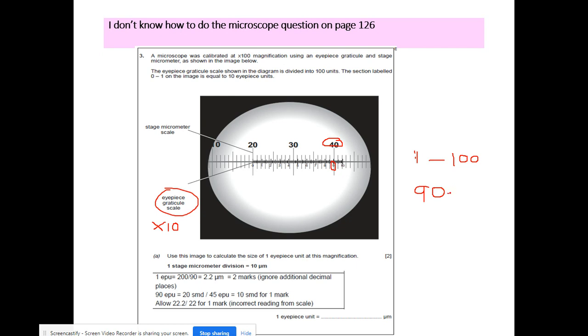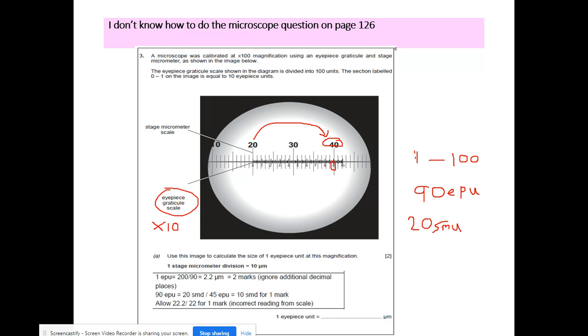So we're saying that 9 eyepiece units is equal to what in terms of stage micrometer units? In terms of stage micrometer units, it's going from 20 up to 40. So that is 20 stage micrometer units fitting into those 90 eyepiece units.